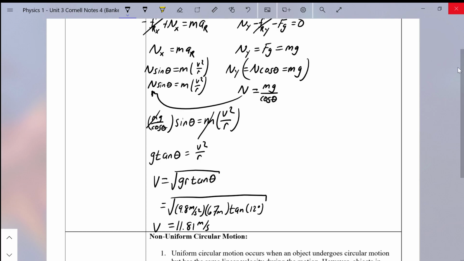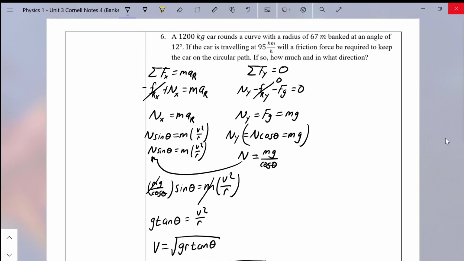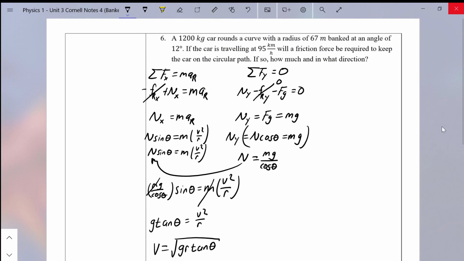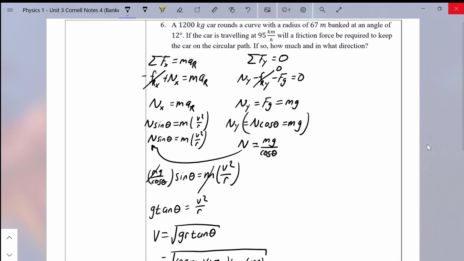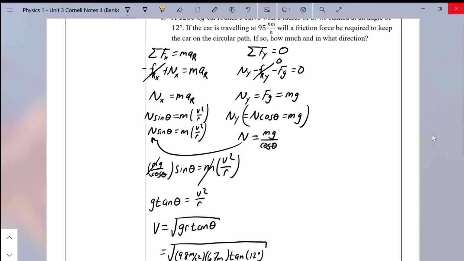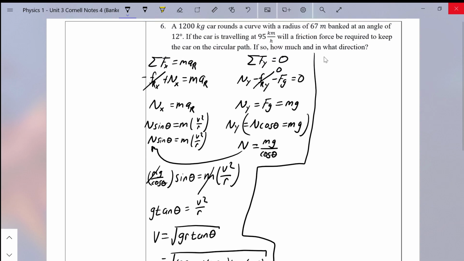Now, this is the case for zero friction, but there always can be friction. So if we want to know, will this work out, what we have to do is try to basically just force a friction term in there, and then see if it ends up being 0. If it's not, it'll end up being a number, and we'll know what that friction value is. So I start off summing my forces in the x direction, getting ma sub r.